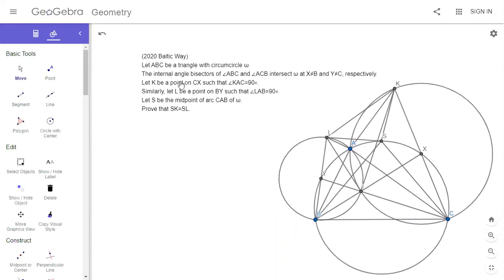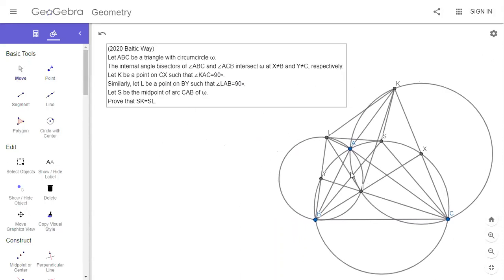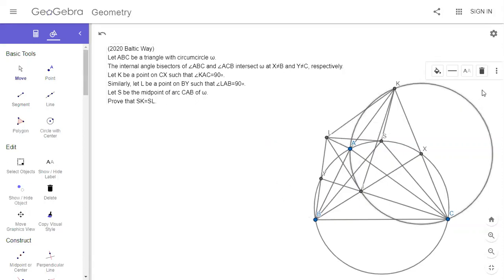Okay, so let me delete a couple things I added. I added that circle, and I'm going to add it back in throughout the proof.